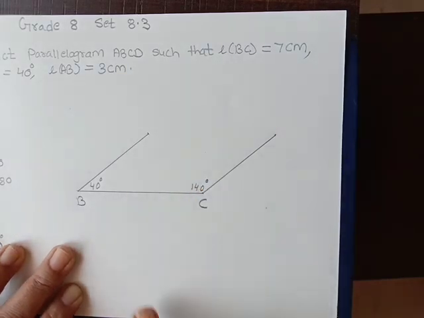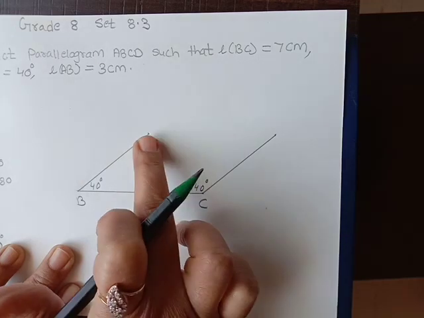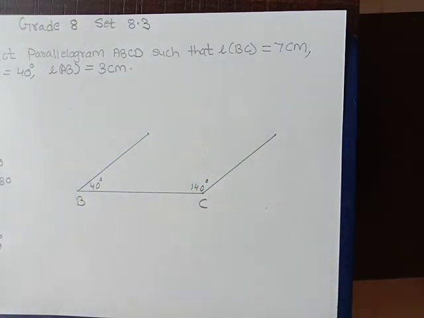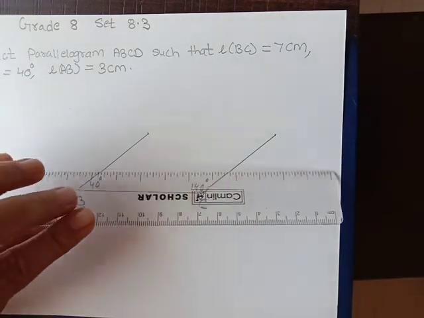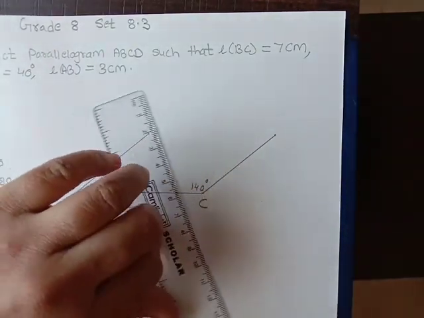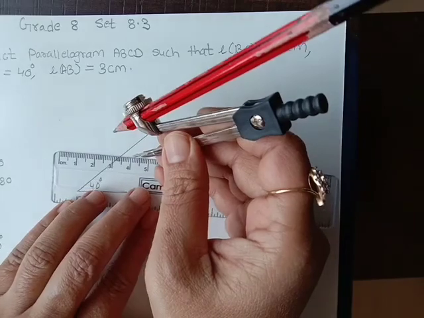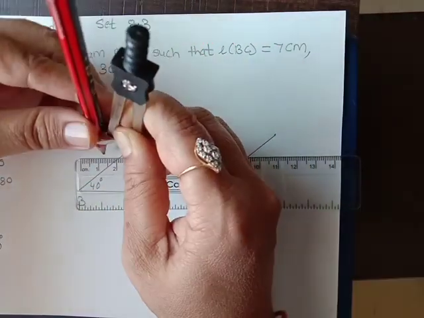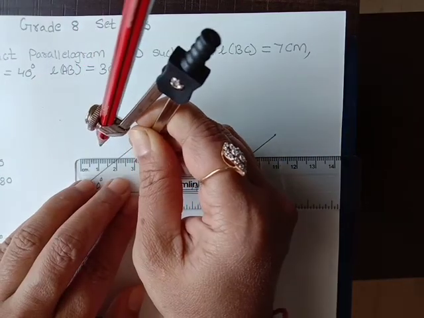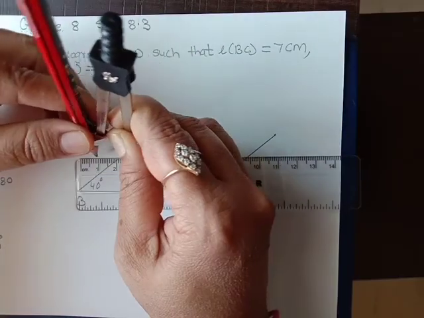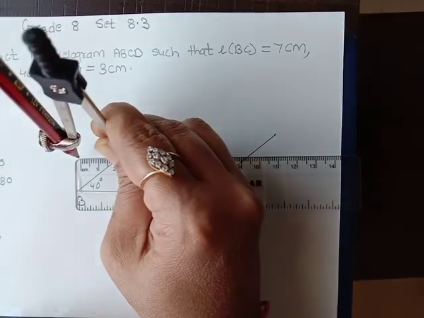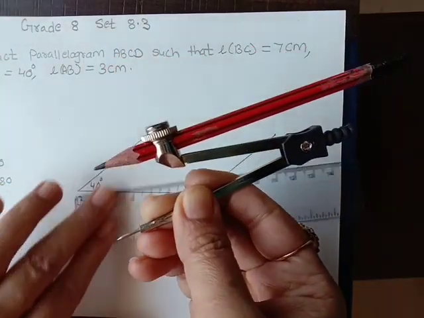Is this clear? Okay. This is 7 centimeters. This will be 3 centimeters. So take a compass and take 3 centimeters in your compass. Exactly 3. Alright, so this is exactly 3 centimeters I have taken in the compass.